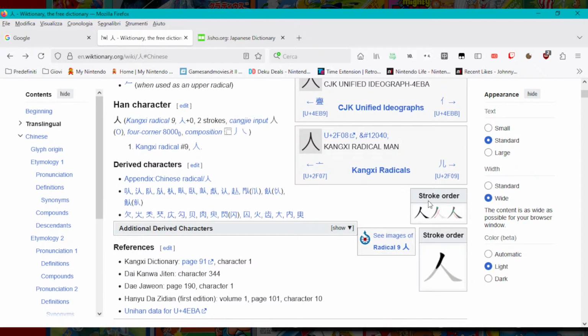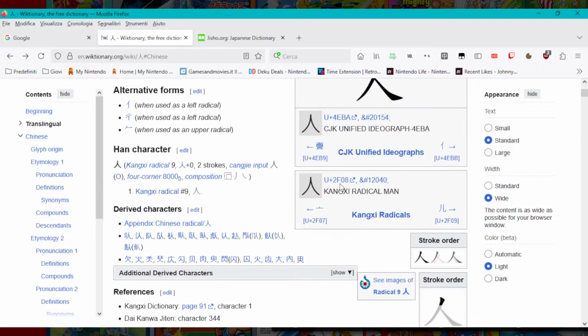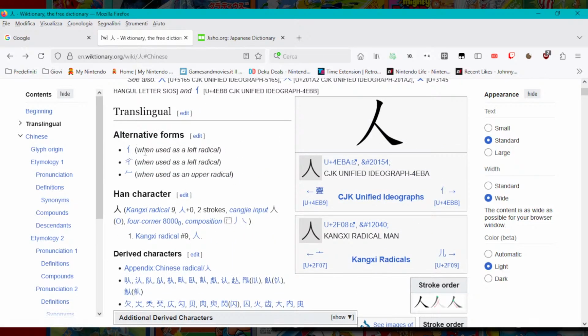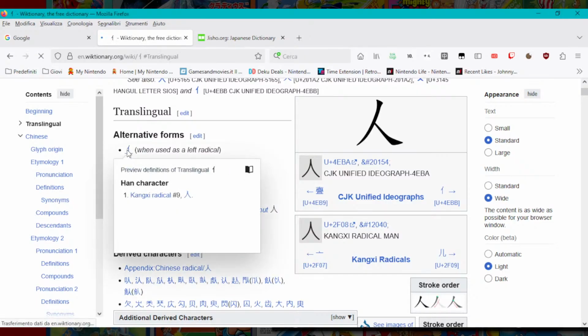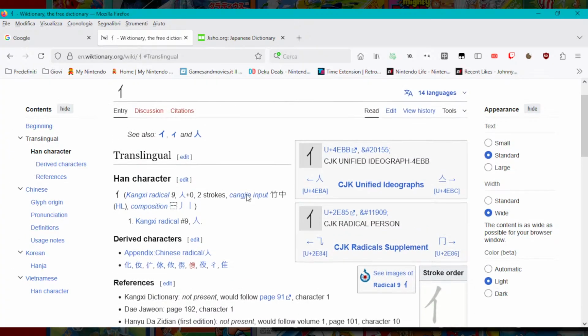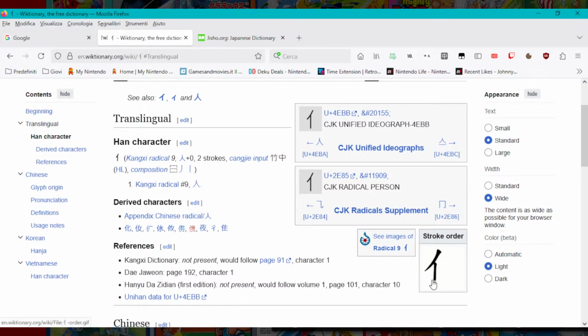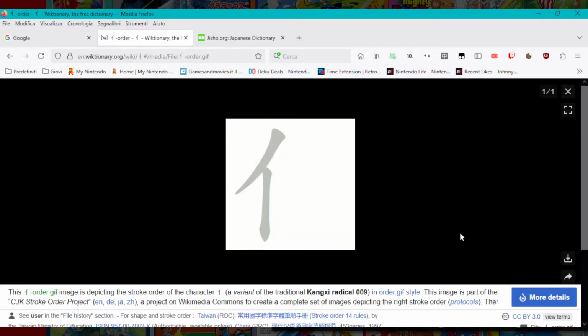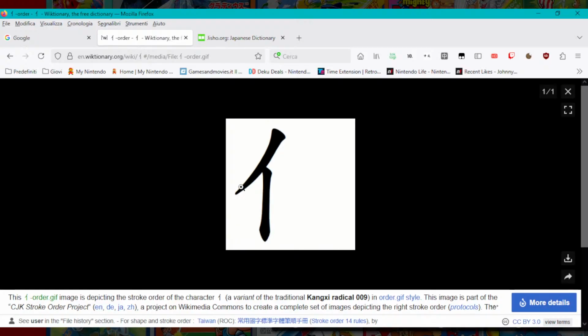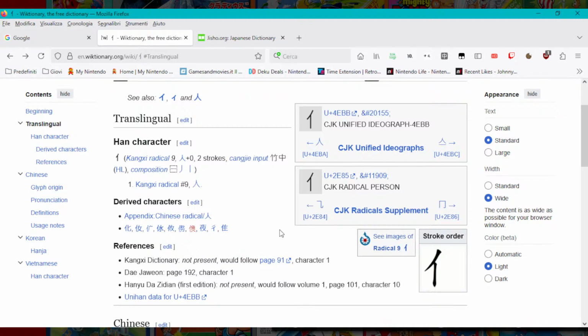When found in compounds, like the one we've seen, it becomes like this. It's written again top to bottom, slanted, and then top to bottom. And then it's the so-called radical.